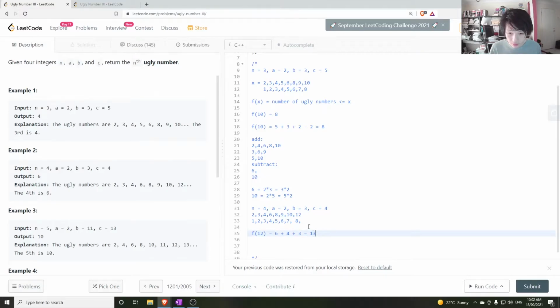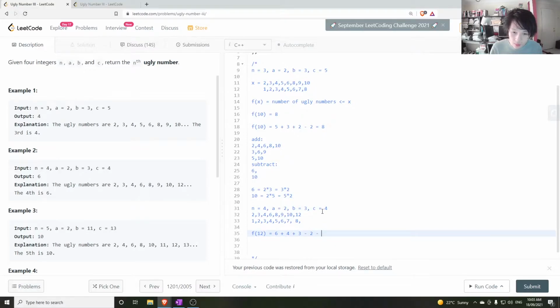Now this is definitely bigger than 8. But okay, let's also subtract the multiples of A times B, multiples of B times C, and also the multiples of A times C. So let's subtract multiples of 6, so there'll be 2.